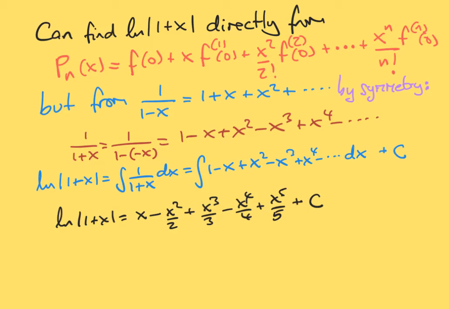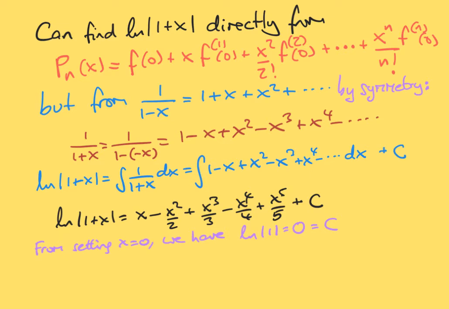So setting x to 0, we have the logarithm of 1 plus 0, so that's just the log of 1, which is equal to 0, is going to be equal to c. So the left-hand side is the log of 1 when x is 0, in other words it vanishes, and on the right-hand side all of these terms vanish and we're left with c. So our integration constant vanishes.